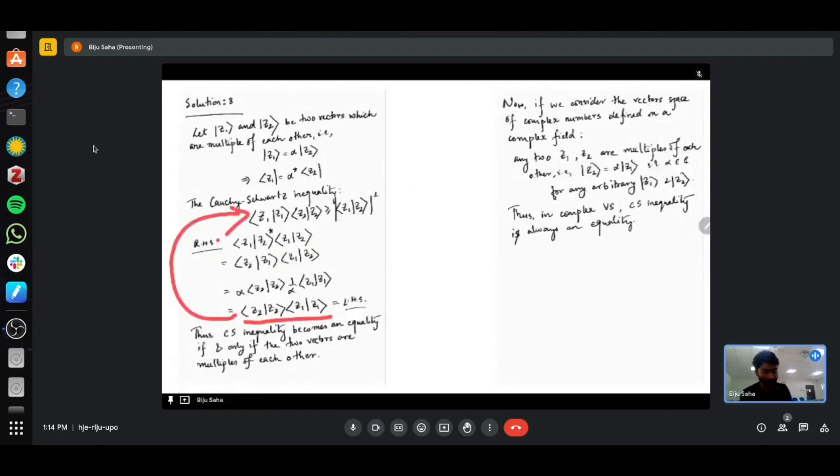Remember, this is what our LHS was. So we have proved that our inequality becomes an equality for this special case, where one vector is some multiple of the other vector. For this very definition, our Cauchy-Schwarz inequality becomes an equality.